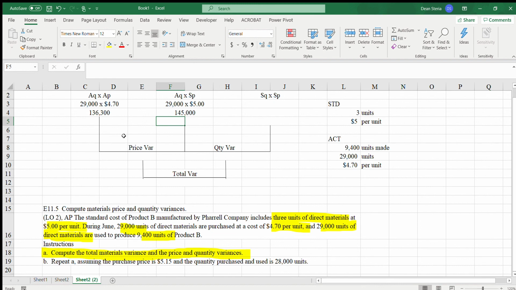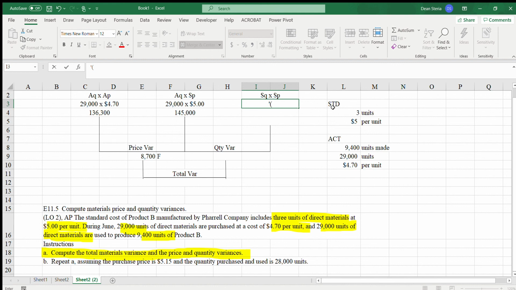We don't know by how much, but because we actually paid less than we anticipated, therefore my price variance is going to be $8,700. Now again, the question is favorable or unfavorable. Well, if we paid less than we anticipated, then that is going to be a favorable variance.